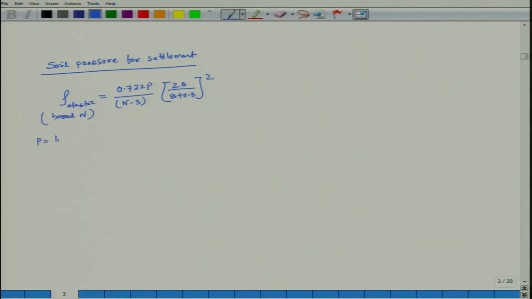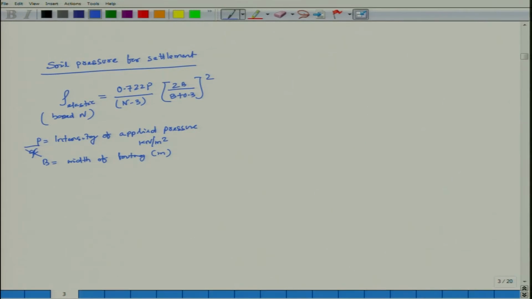P is equal to intensity of applied pressure in kilonewton per meter square. Generally some books say P, some books say Q, it does not matter; I avoid Q because generally Q is your bearing capacity. Then B is equal to width of footing in meter.